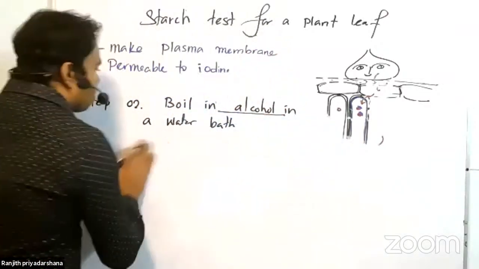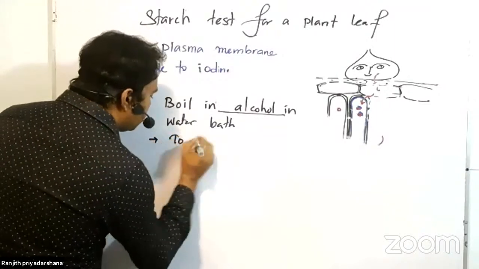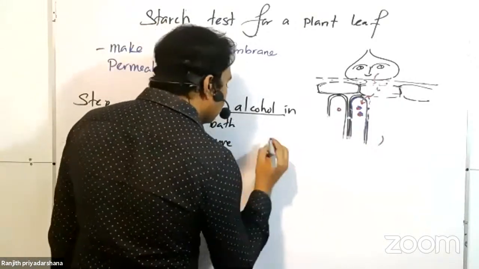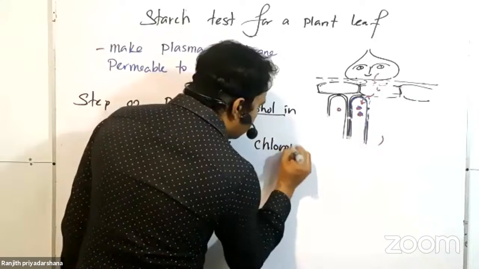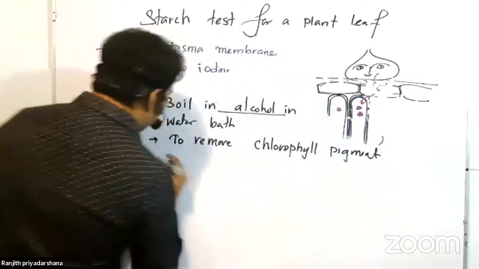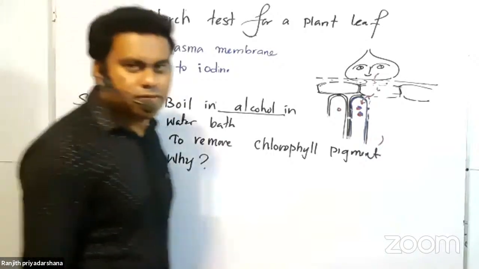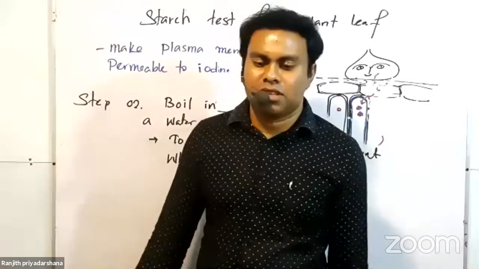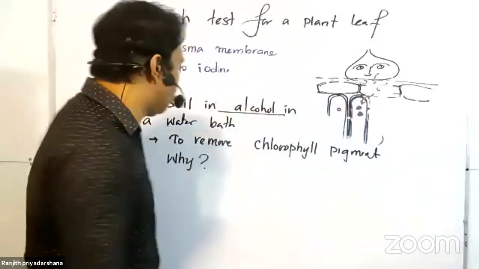So the purpose of that is to remove chlorophyll pigment. Why? What's the reason? Due to that green color background, the expected color change of iodine cannot be clearly observed.